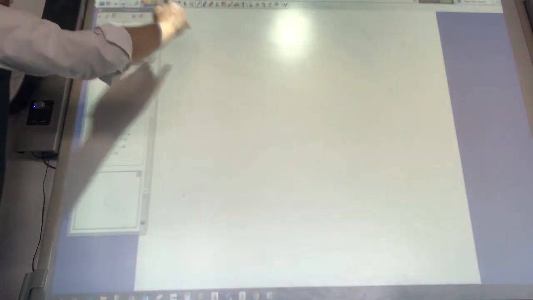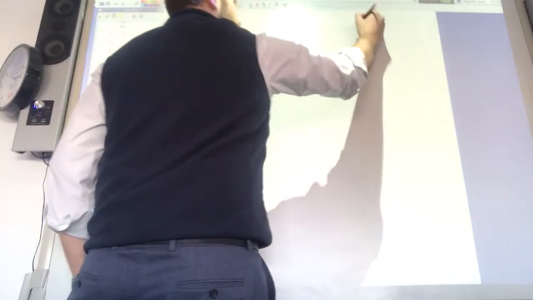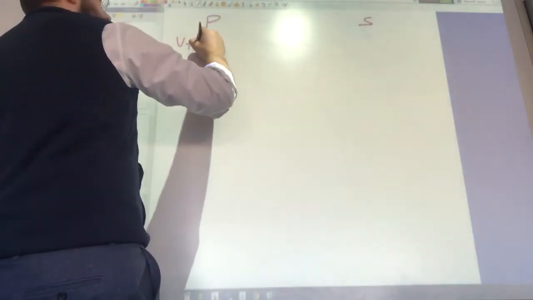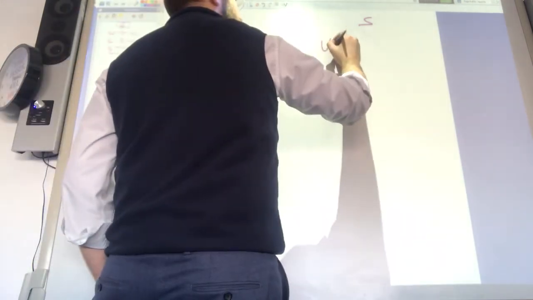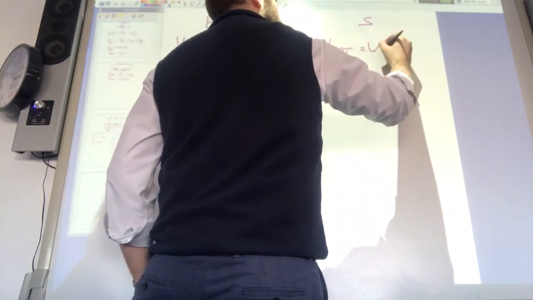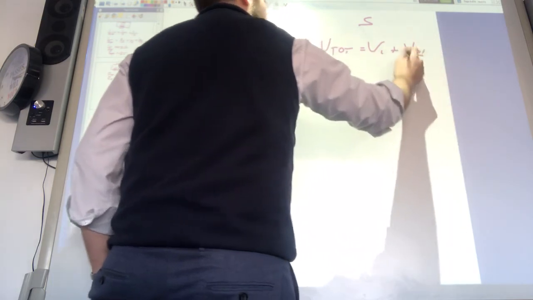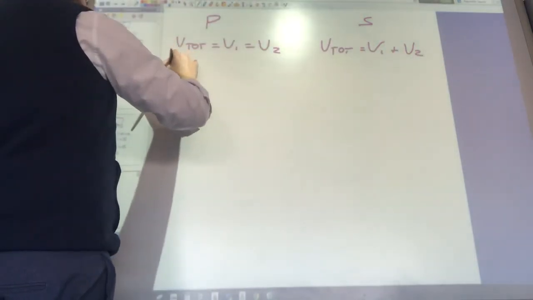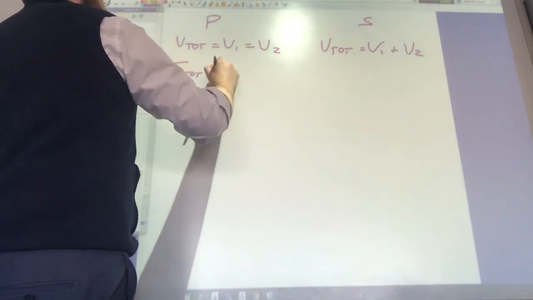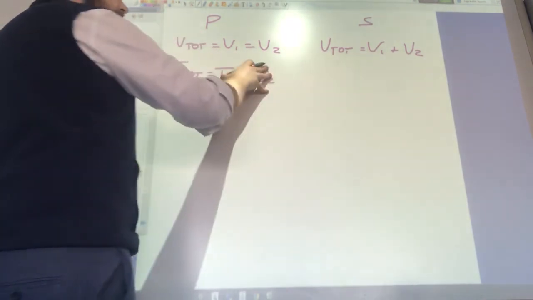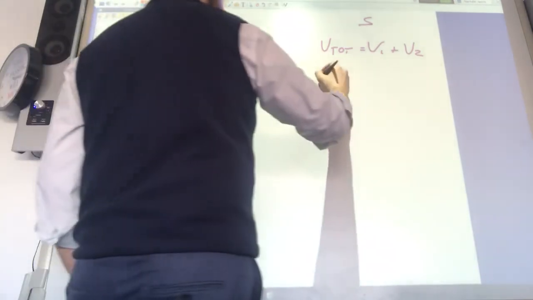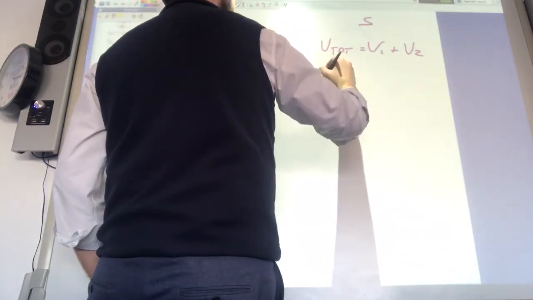Okay, so quick recap. Parallel, series. V total: the voltage is the same no matter where you go in a parallel circuit. In a series circuit, the voltage is additive, the voltage is shared. The current in a parallel circuit, you have to add up all the branches to get the total current in the circuit.